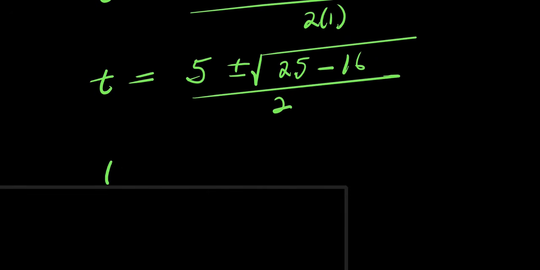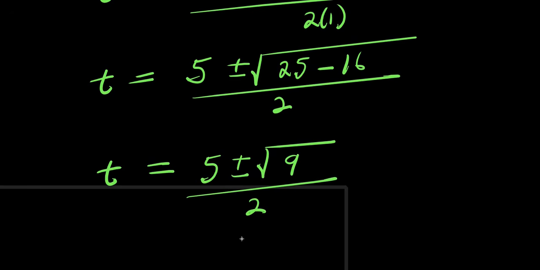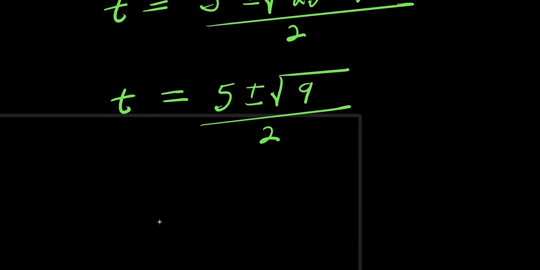So from here, I have t equals 5 plus or minus square root of 25 minus 16, this is 9, divided by 2. From there, I have t equals 5 plus or minus square root of 9 is 3, divided by 2.